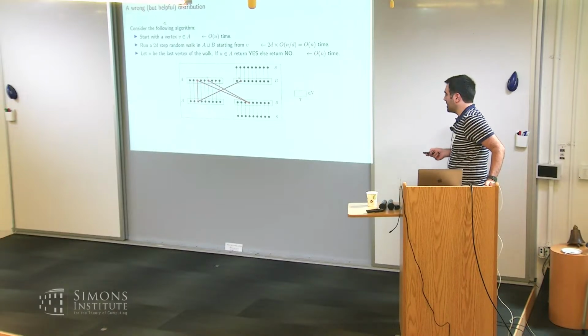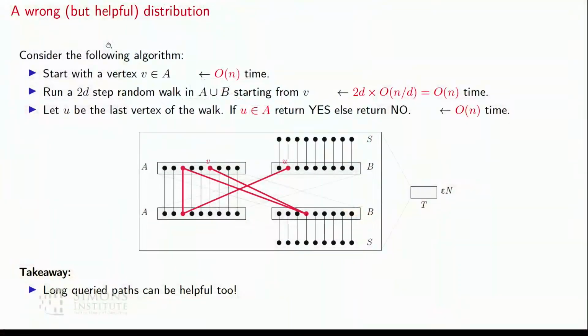And so basically the takeaway is that these long query paths can actually be helpful. Okay, so for some maybe artificial algorithm, but still the lower bound should be careful about these kinds of algorithms. But I guess you also have to be careful about maybe hitting A 3 times. The fact that you hit it exactly once, you're just saying there's a constant probability that... Yeah.